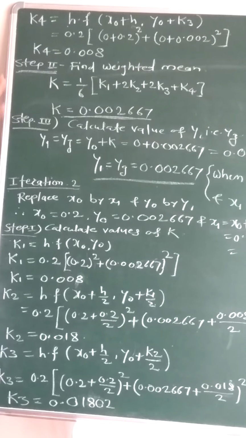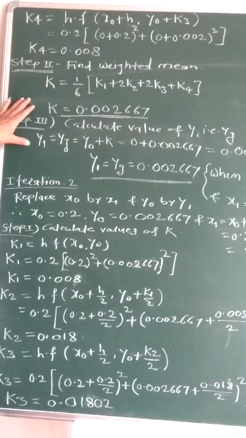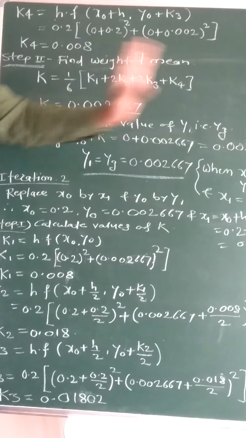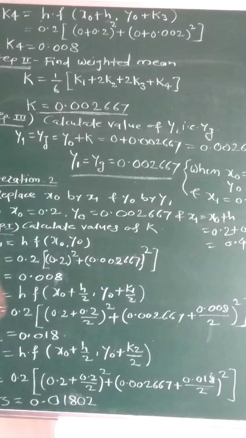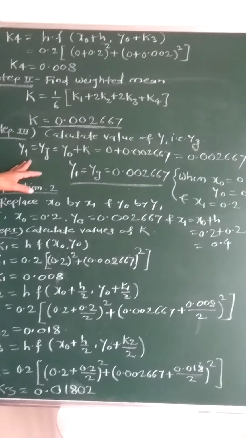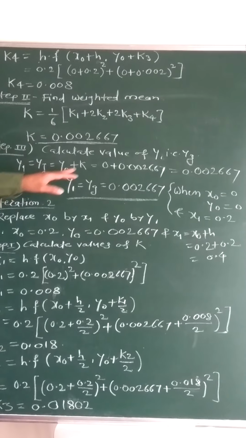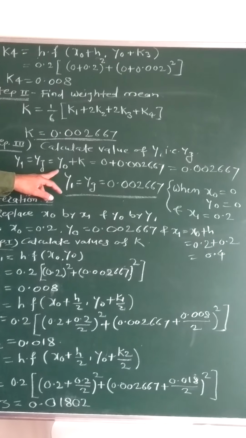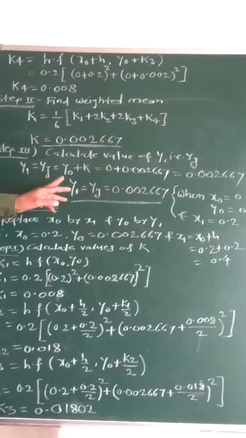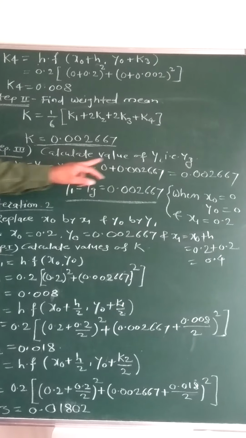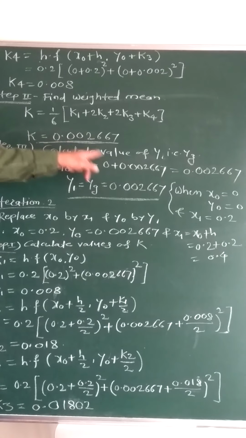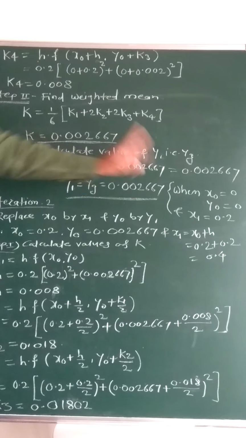Now, last step, that is step number 3, is to calculate the value of y1, that is yg. We have the formula y1 is equal to yg, which is equal to y0 plus k. Here y0 is equal to 0. For the first iteration, y0 is 0 plus k is 0.002667.